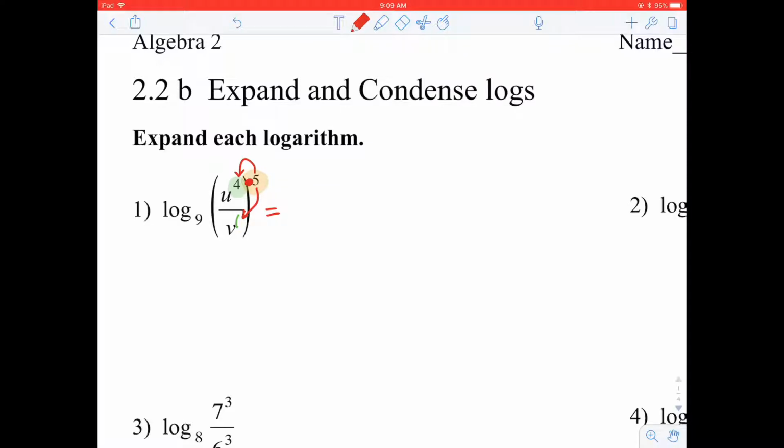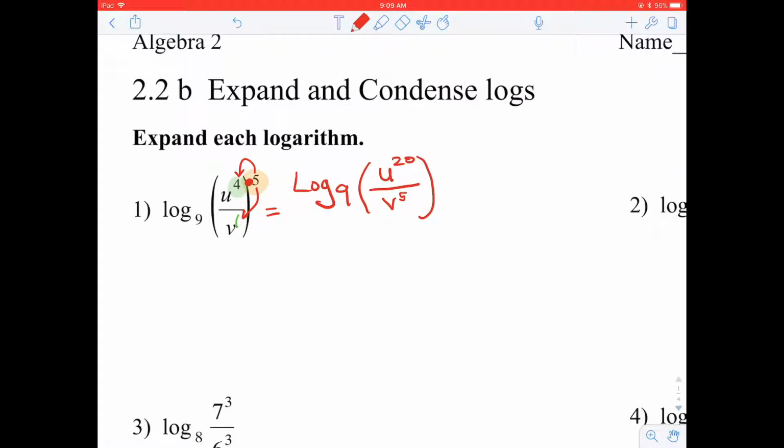So when we multiply that, we have log of 9, and then in parentheses, our u at the top is now raised to the power of 20, because 5 times 4 is 20. And then our v on the bottom, 5 times 1 is 5, so it's v to the 5th. So that's the first step I want to see on your paper, is you applying the first property, and in this case, power to a power.